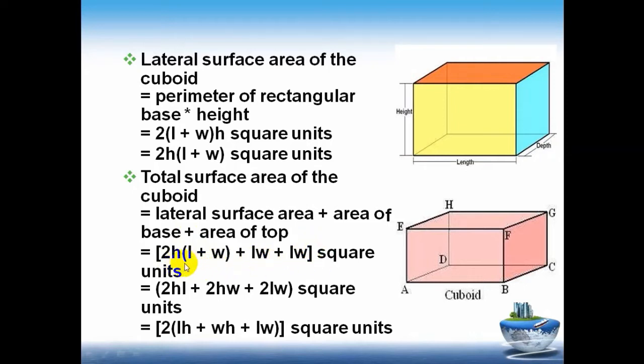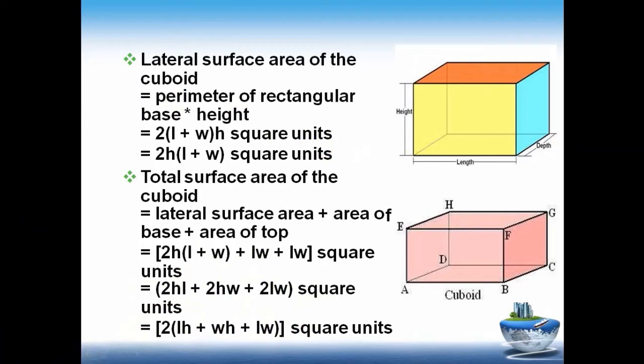Now this can be written as 2hl + 2hw + 2lw square units. And this formula can be written simply by taking 2 common: 2(lh + wh + lw) square units.